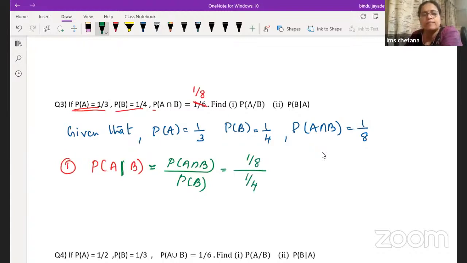The same rule: division changes to multiplication. 4 goes up and 1 comes down. That means 4 divided by 8. 4 over 8 is also a fraction, but make it a simpler fraction. You can cancel the common factor, that is 1/2. Divide numerator and denominator by 4, then your answer is there. Yes, 1/2. Very good.